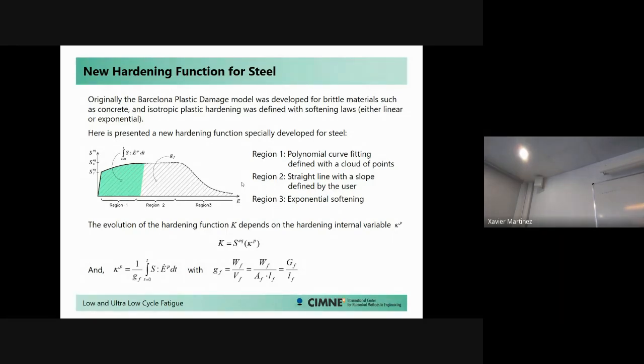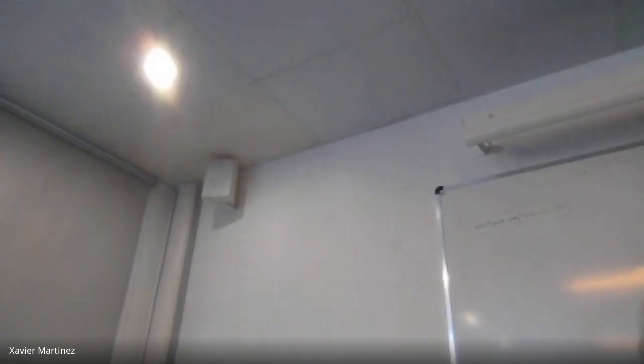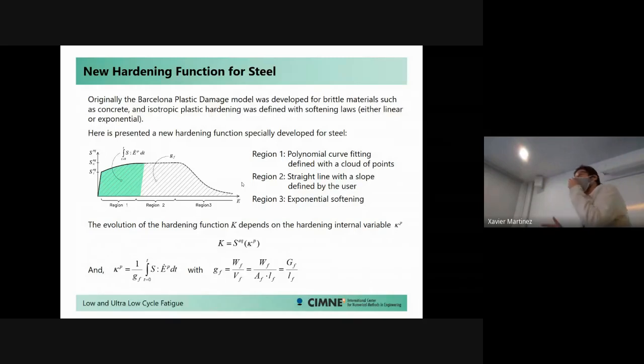Just going to the middle, you are dissipating half of your energy. So with 2 cycles, you will break. On the other hand, if your hysteresis cycle is smaller, you will have less energy being dissipated in each cycle, and then this allows us to predict ultra-low cycle fatigue.